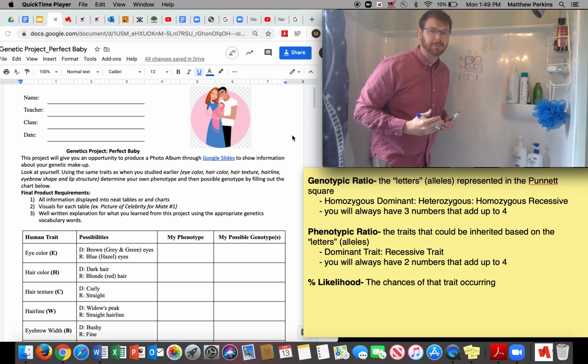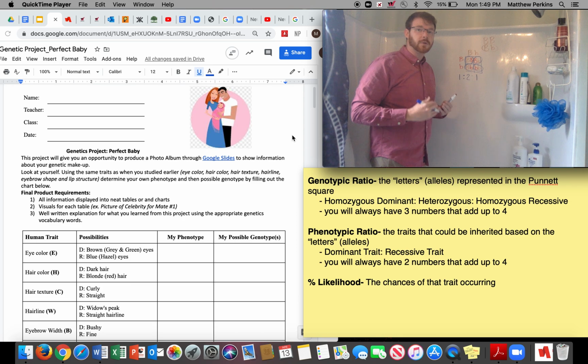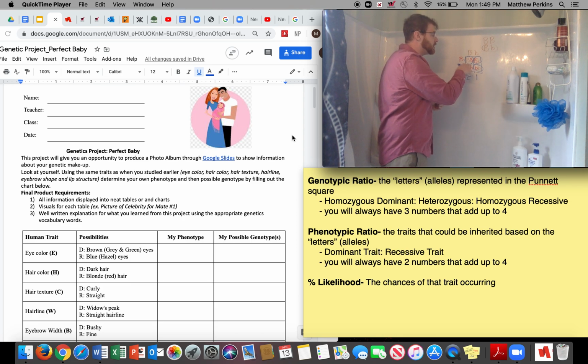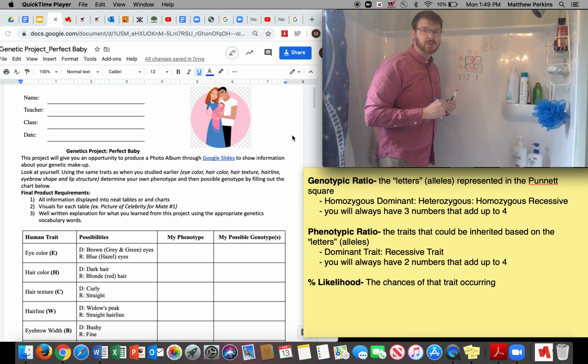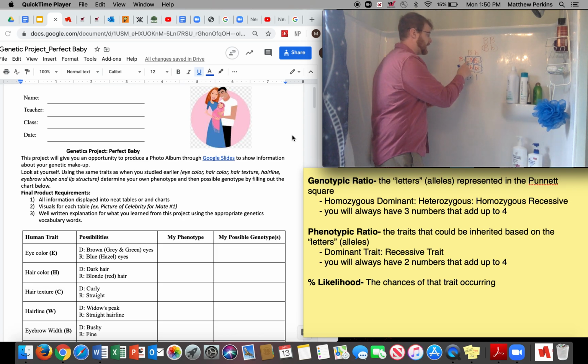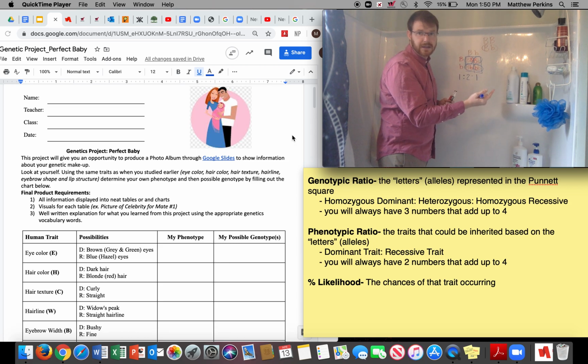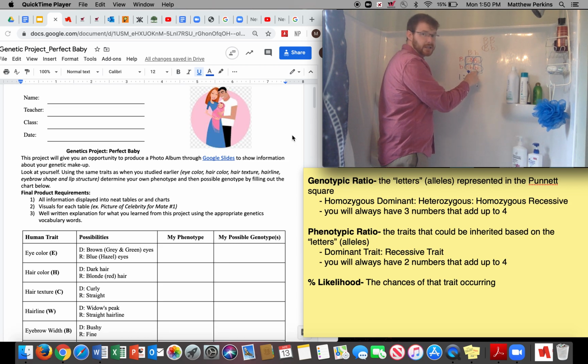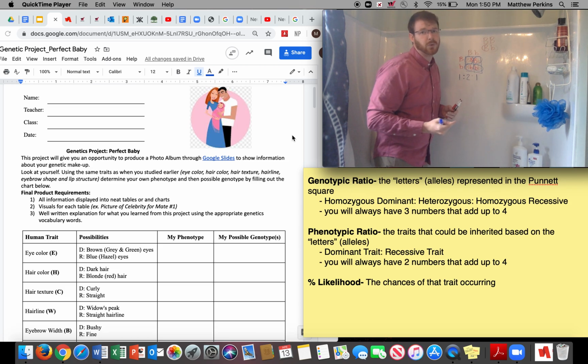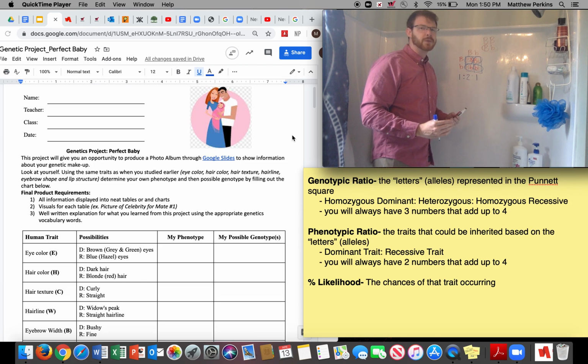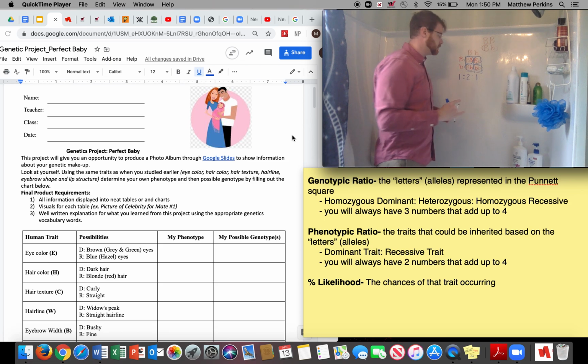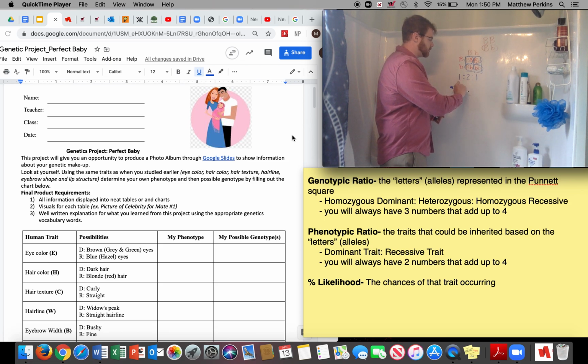Now with your phenotypic ratio, those are the observable traits. So these letters within those squares all tell us what type of trait it will have. Capital B, lowercase b means that it's going to have the dominant trait. Lowercase b means that it's going to have the recessive trait. Now, what I typically do for this is I know that these two would be homozygous dominant and heterozygous. So I add those two up together.